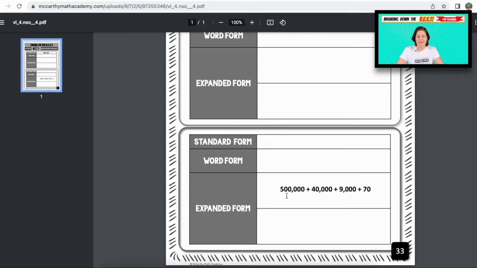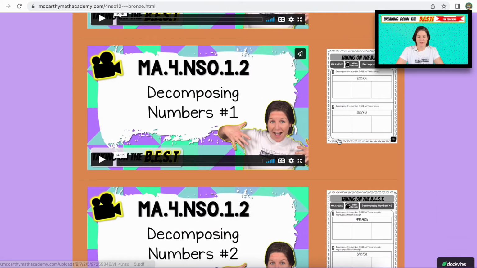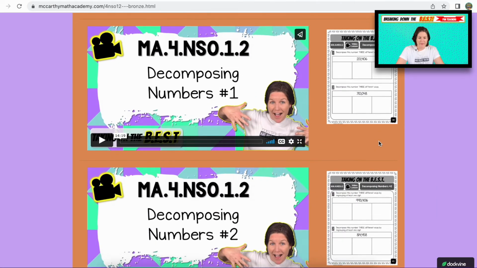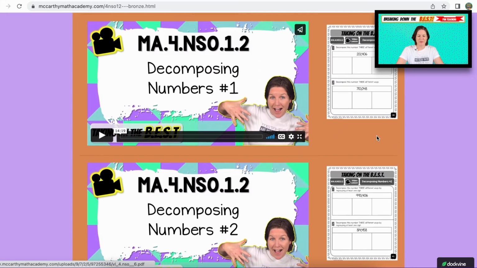So in the second example, there's the expanded form given, and they have to give the standard form, the word form, and the expanded form. And we walk through that whole process in the video. So if this is your first time ever seeing this, watch the video so you know how to break it down. Then decomposing numbers number 1 and decomposing numbers number 2. So here's what I did.